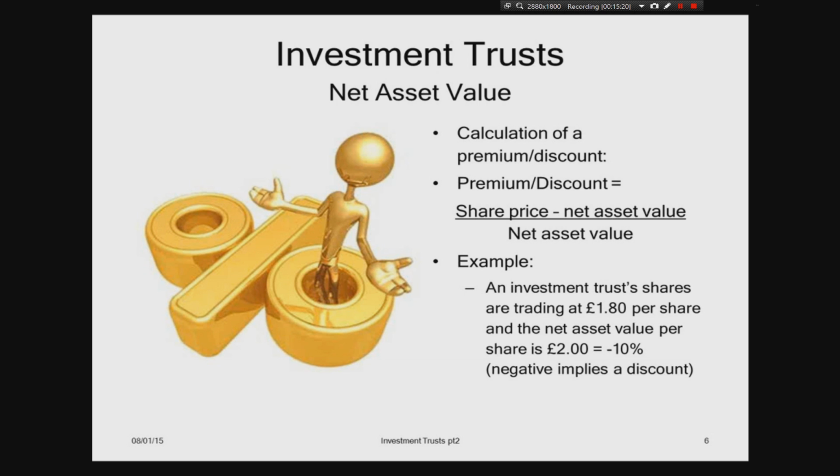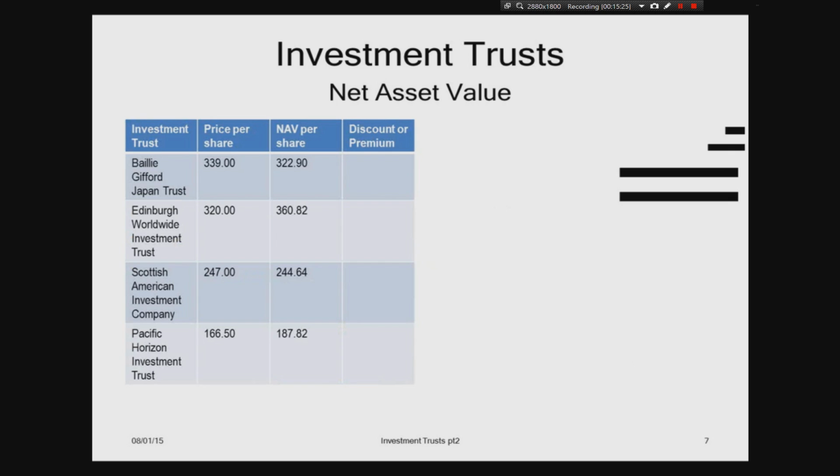So I will go silent for a little while you're doing this. So here are the investment trusts on your left as we look at it, the price per share and the net asset value. Please work out and tell me whether they're trading at a discount or premium, and if you can, what the figures actually are.